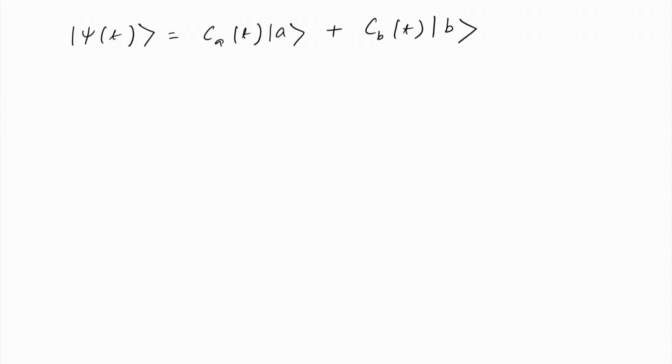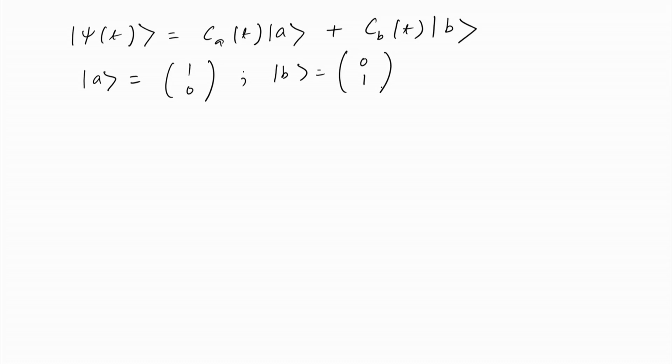So, the wave function is written as a linear combination of these, and if we consider a spin half system, which we are most familiar with, we can write this as a spin up particle corresponding to an eigenvalue equal to 1, and this as a spin down particle corresponding to an eigenvalue minus 1, which we have seen.